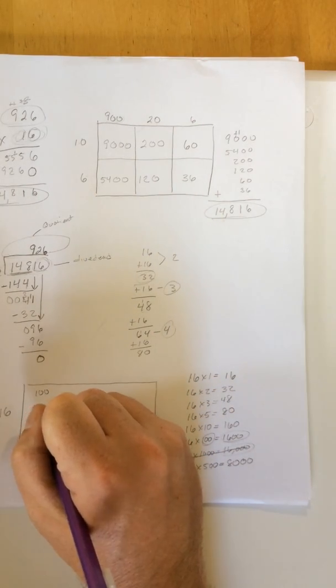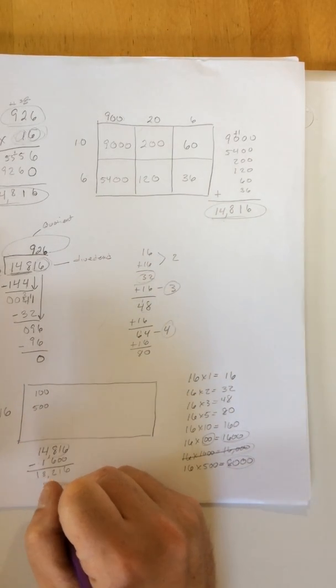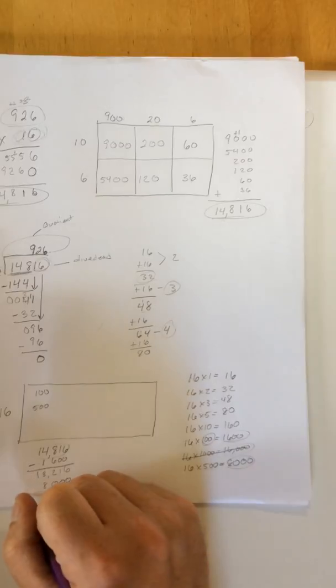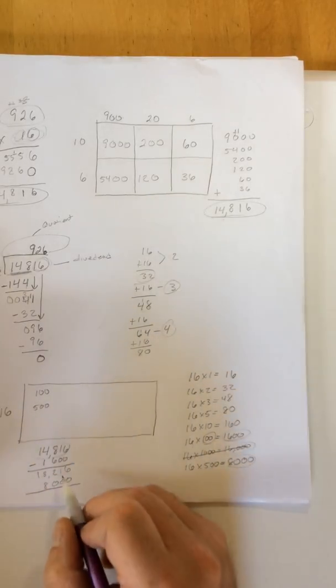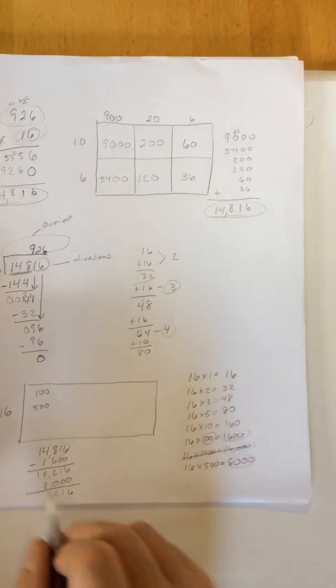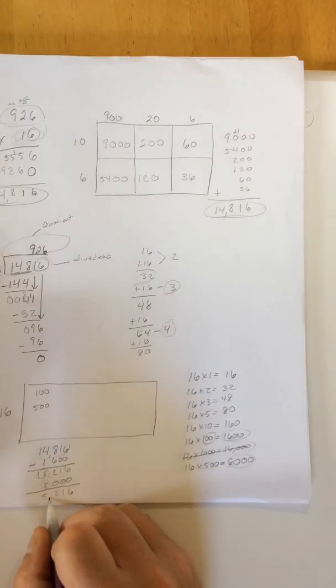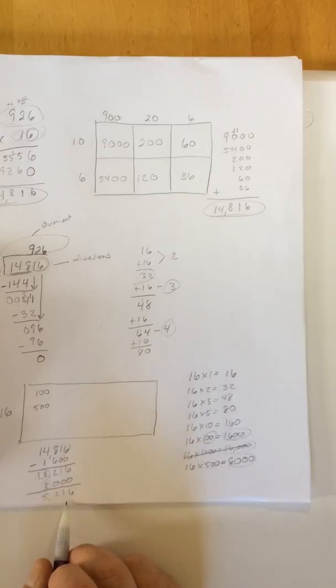So now I'm going to put 500 in here, and I'm going to subtract 8,000 off of my number. That's going to bring this thing down really fast. So 6 minus 0 is 6, 1 minus 0 is 1, 2 minus 0 is 2, and I have 13 minus 8 for 5. So I have 5,216 left.